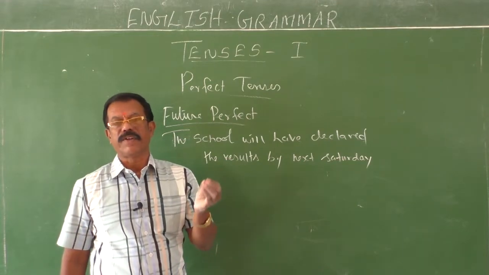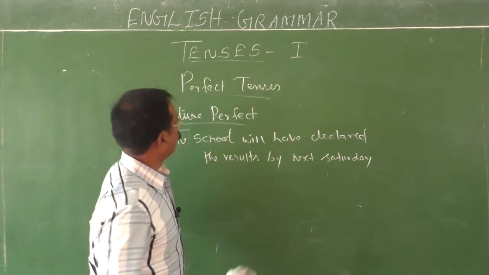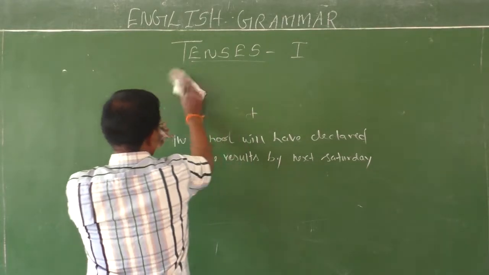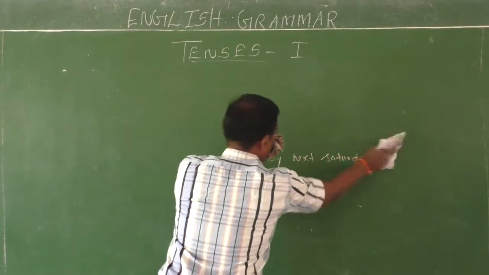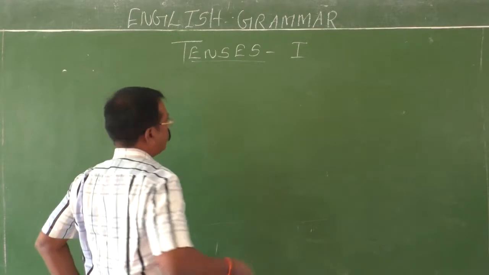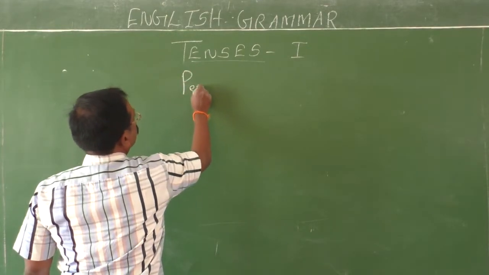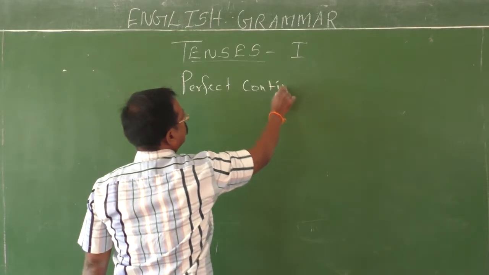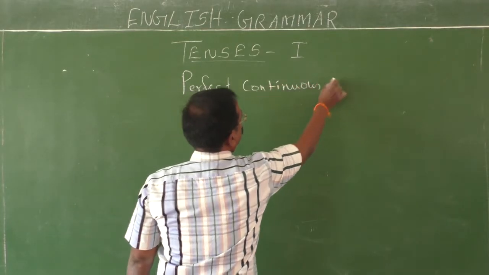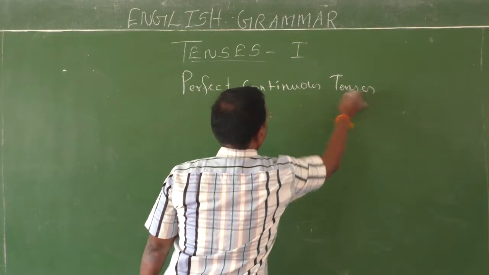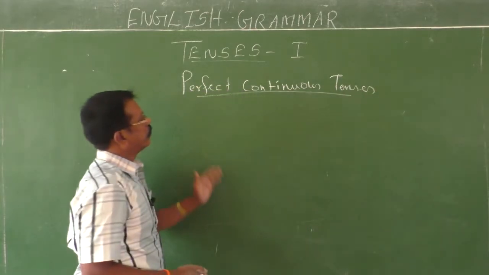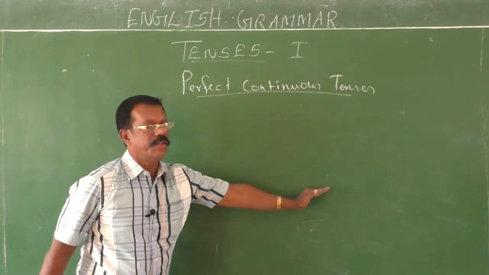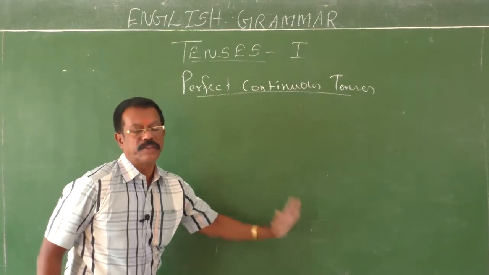The last is perfect continuous tenses. So let me explain perfect continuous tenses. So, present perfect continuous, past perfect continuous, future perfect continuous.